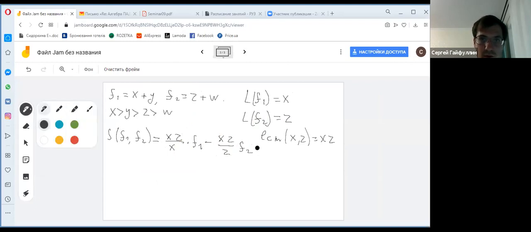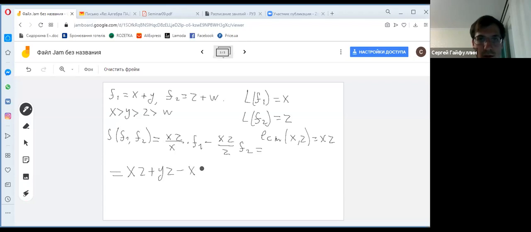Now we just compute. This is xz plus yz minus xz minus xw.